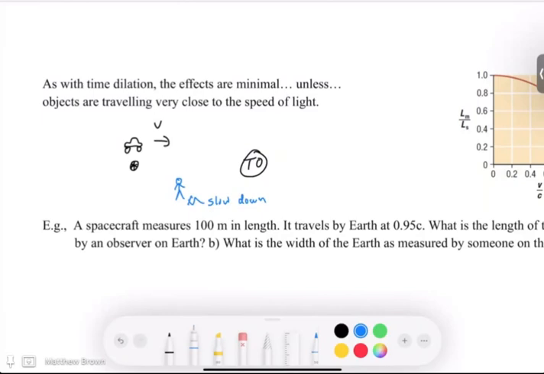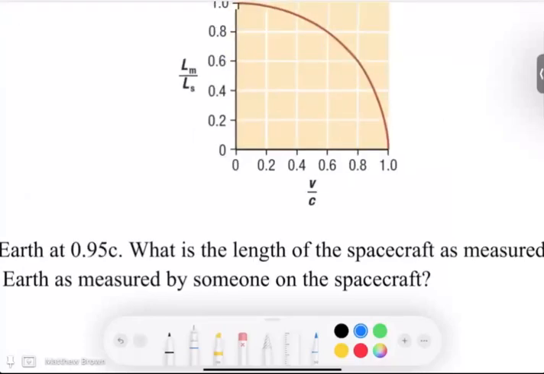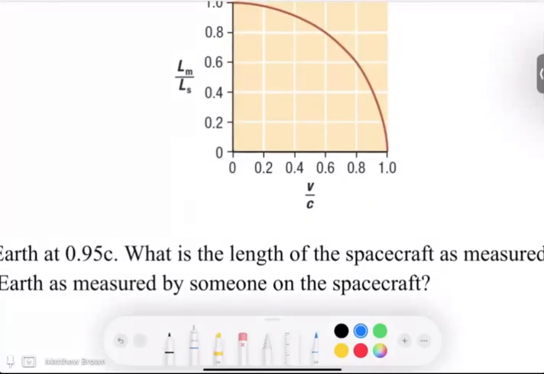And if you could get all the way to the speed of light, the length contraction would be everything. The distance to anywhere would approach zero. So the dimension that you were heading in, if you could go the speed of light, would cease to exist.